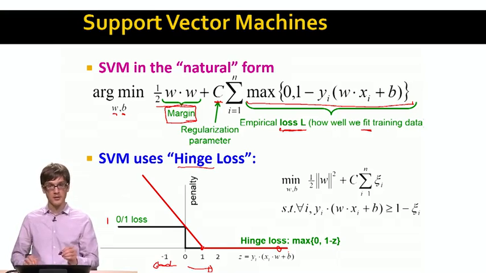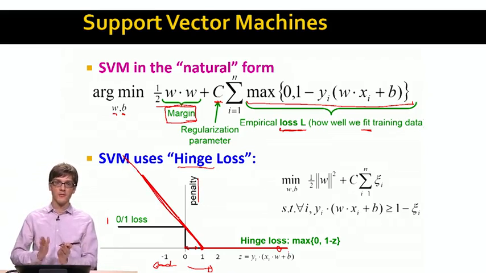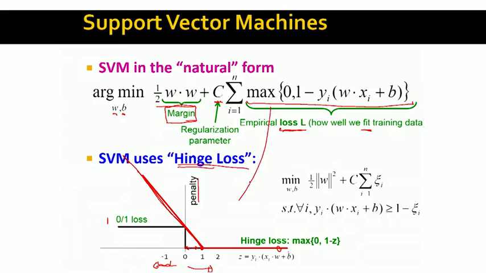However, if the point is inside the margin, so it can still be classified correctly but is too close to the boundary, or is actually on the wrong side of the boundary, then we are incurring a penalty, and this penalty is proportional to how far away our point is from this decision boundary. So this is what is called the hinge loss, and support vector machine is exactly optimizing this hinge loss in the loss part of the term.